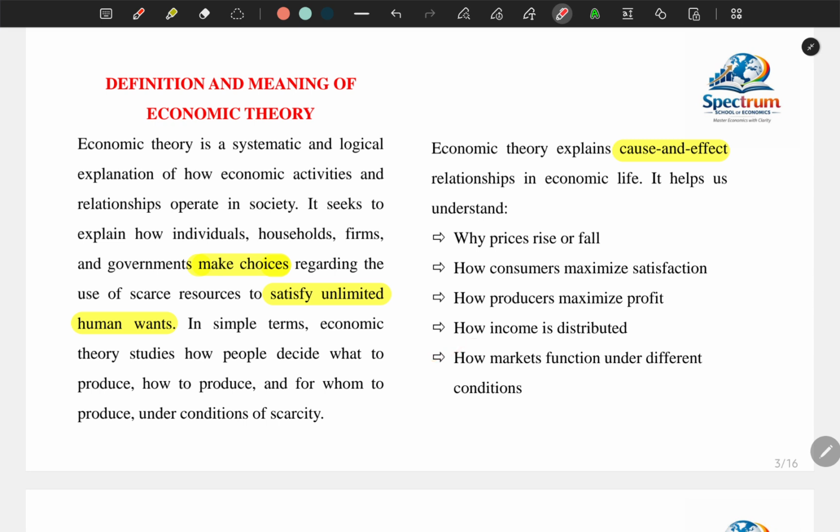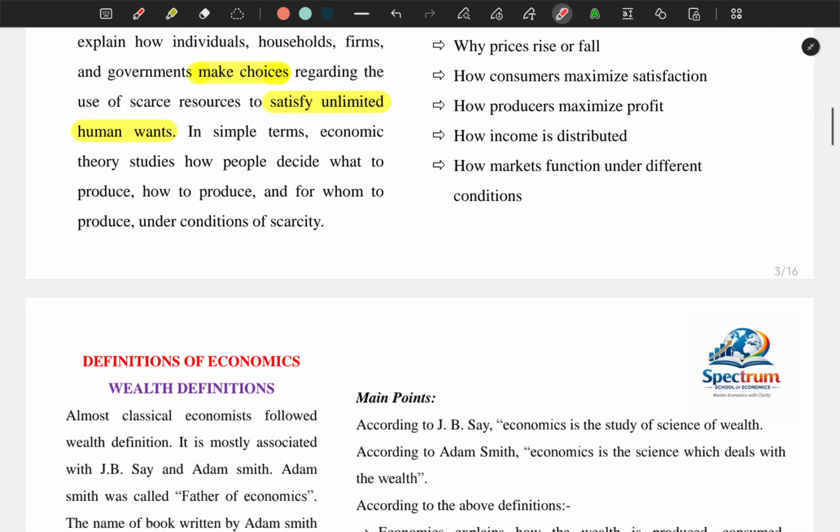So it helps in understanding economic activities in a society with the help of economic theory.